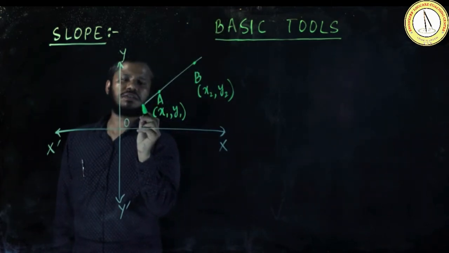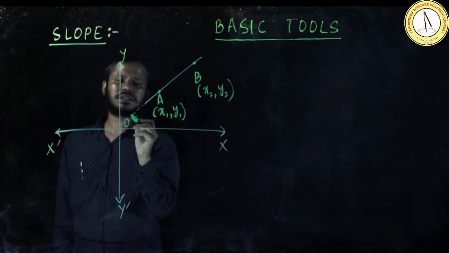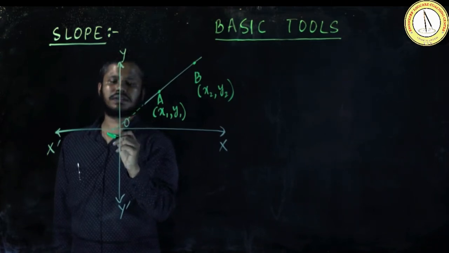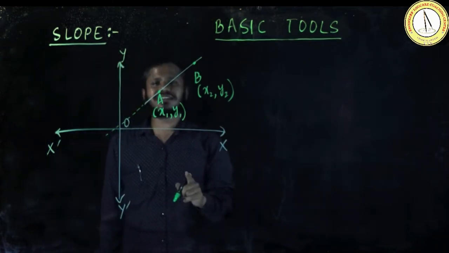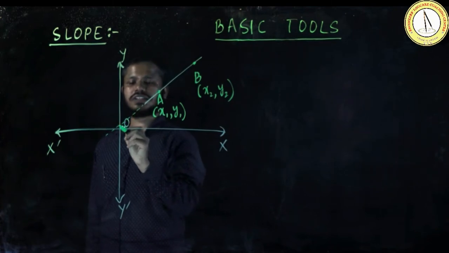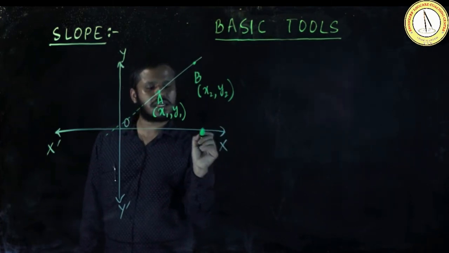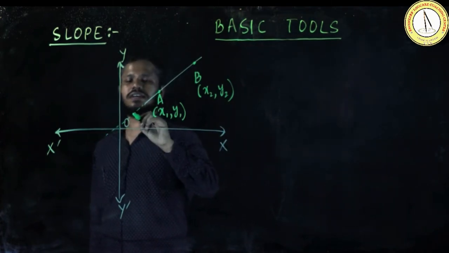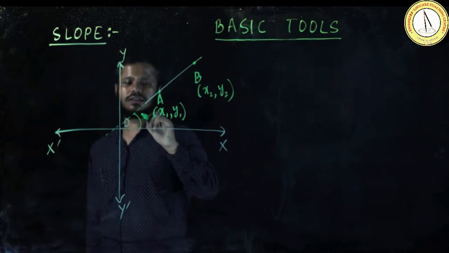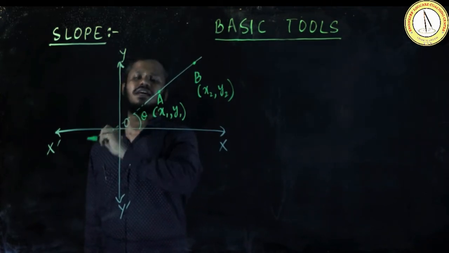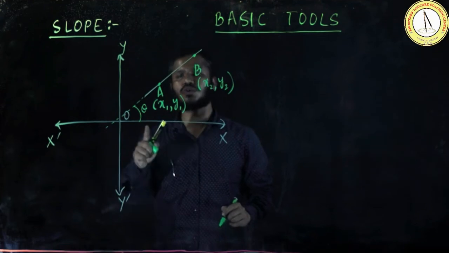Mathematically, the meaning of slope is, if I extend this line where it will intersect the x-axis, that angle theta, tan of this angle theta is called the slope.